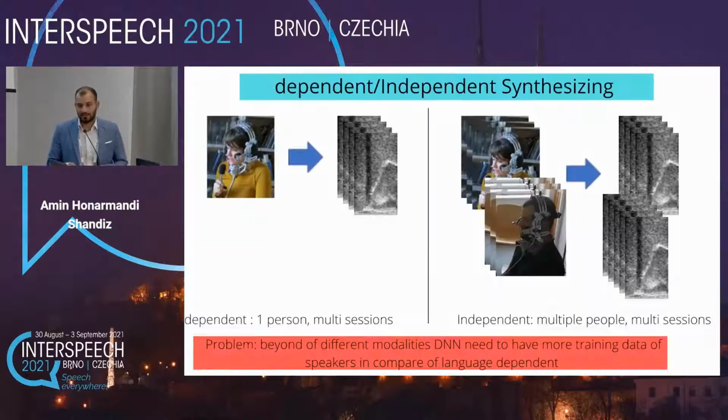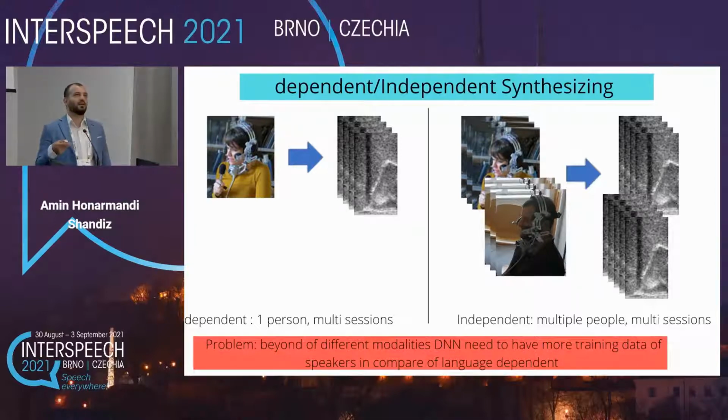But there is a problem here. For example, when we are synthesizing speech from multiple speakers, we have a lot of speakers, and each speaker goes to a different session, and in each session there are different parameters which have to be tuned.